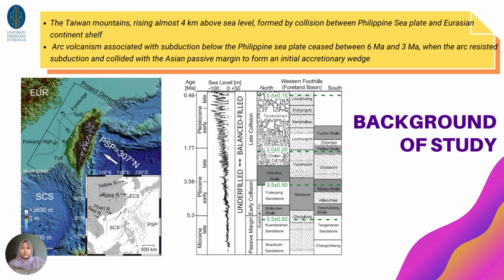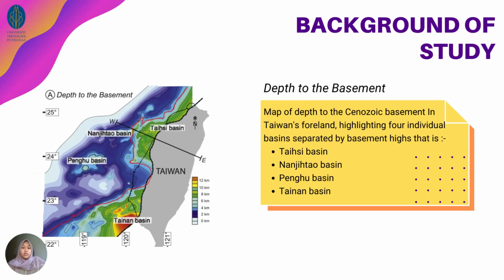So the next part of the background study is the depth map. Here, this depth map shows more clearly the Penghu High separating the two basins of Taishi Basin and the Tainan Basin.